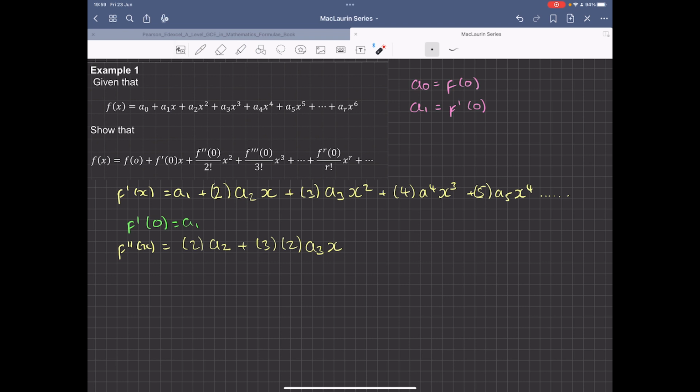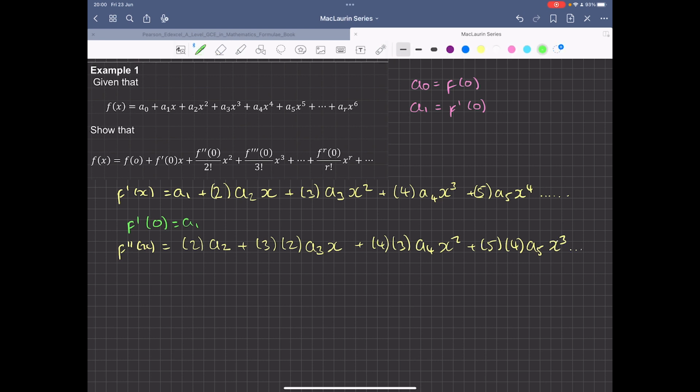For a4, this 4 here should actually be here, so you've got the 4 times the 3, a4, and lose 1 from that power. For the next one, we've got 5 times the 4, a5, and then x cubed.